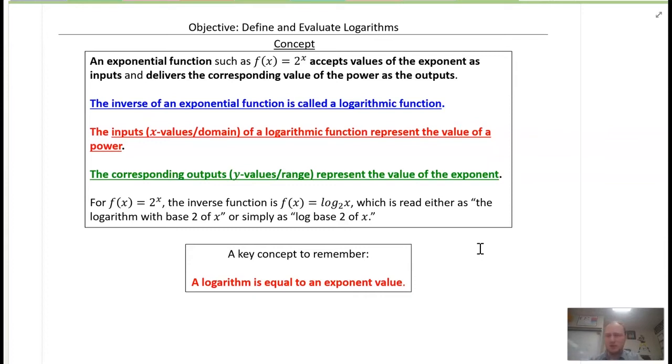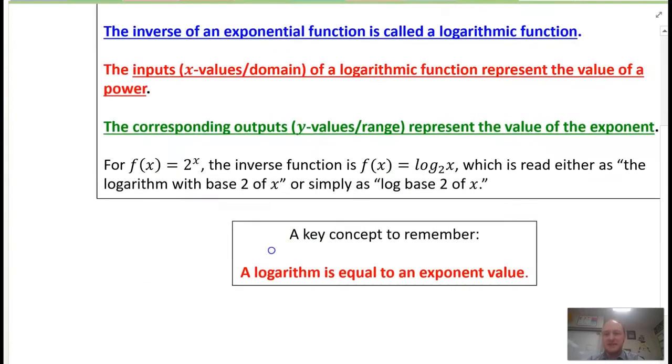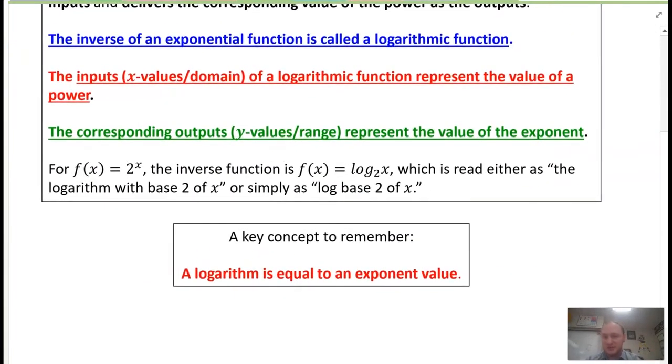This makes sense, and I'll show you a diagram. There's also one right behind me here on the board that shows this relationship. Now, an important thing to remember about logarithms is that logarithms have bases, just as exponential functions have bases. For a function 2 to the power of x, the inverse, which is a logarithm, is going to be read as log base 2 of x.